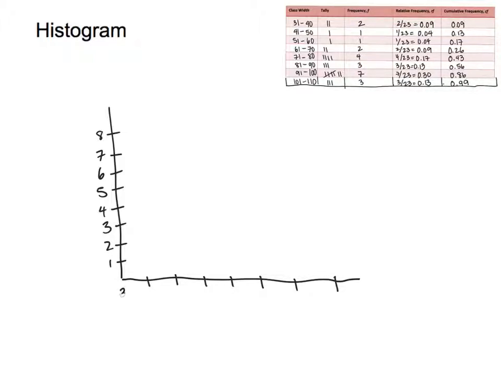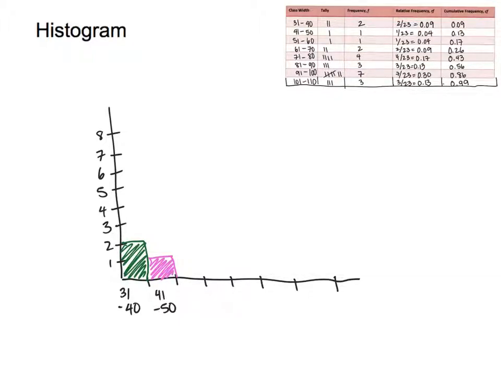So this is from 31 to 40, and 2 showed up for the frequency there, so I'm going to move the bar up to 2, and then color that in. And then this one here would be 41 to 50. I'll do this one in pink, and it is only a frequency of 1.